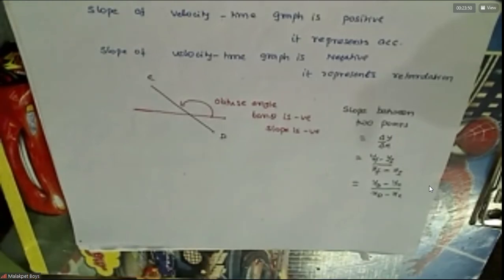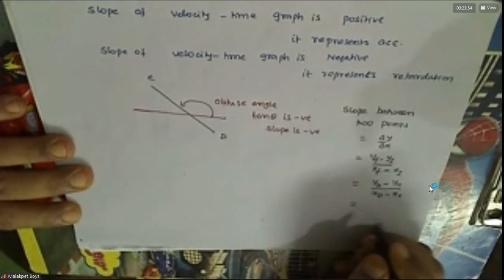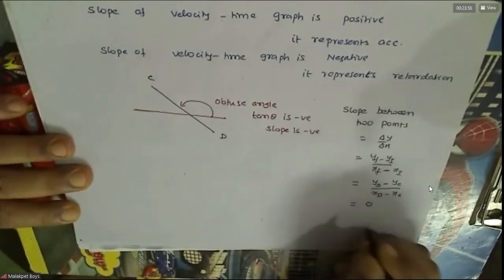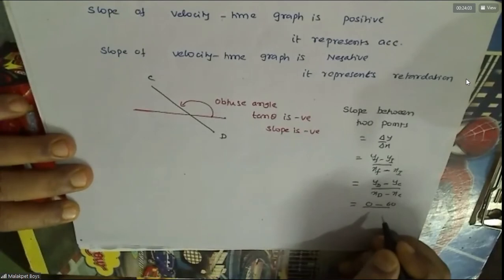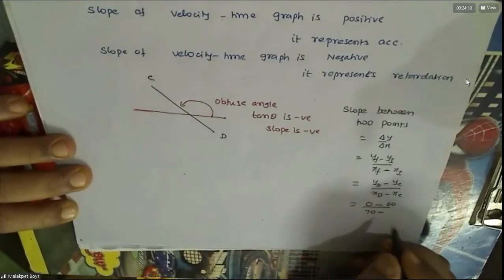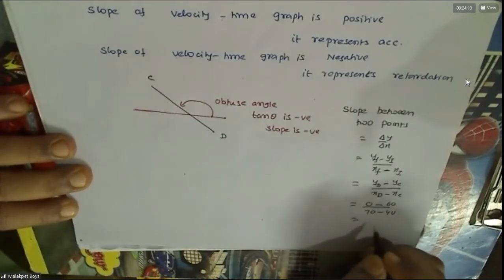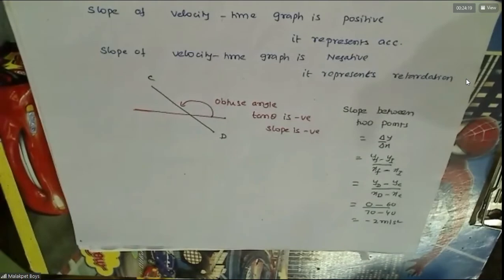Y coordinate of D is 0, no? For C, how much did you get from the diagram? 60. X coordinate of D is 70. X coordinate of C is 40. So this comes to -2. Understood this?